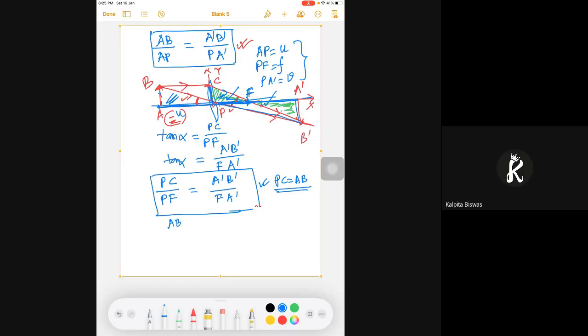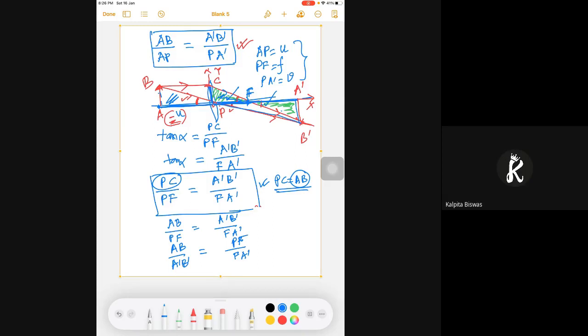So AB by PF equals, replacing PC by AB, A dash B dash by F A dash. Now if you put A dash B dash on this side, it is coming AB by A dash B dash equal to PF by F A dash.